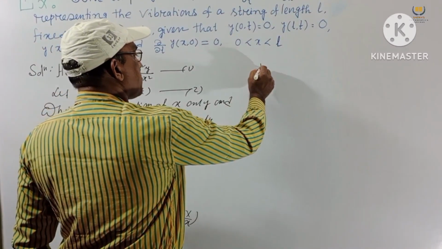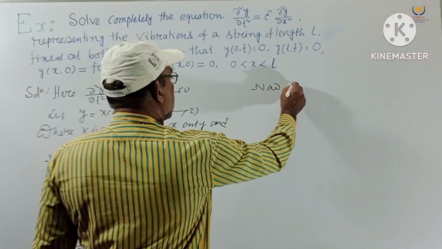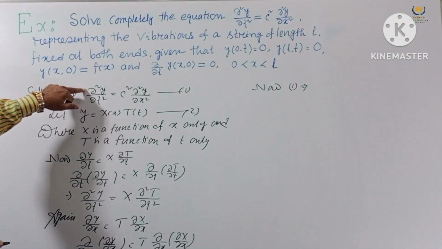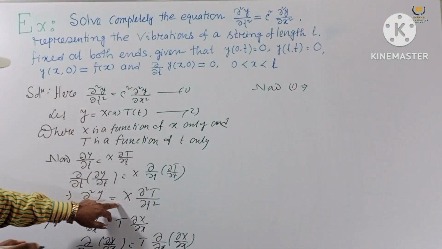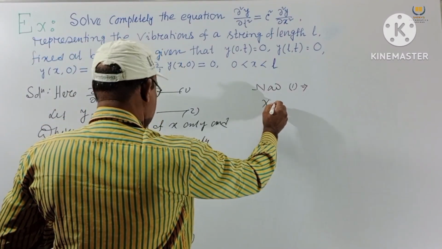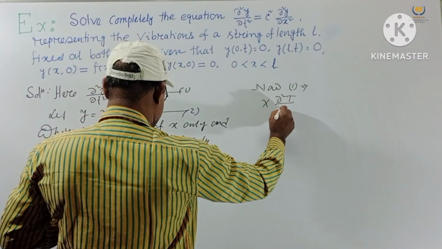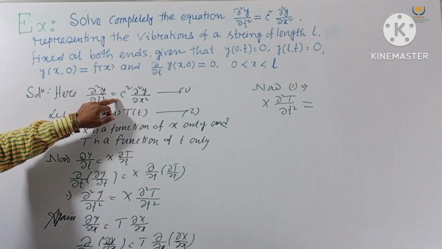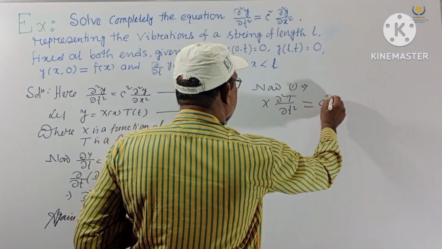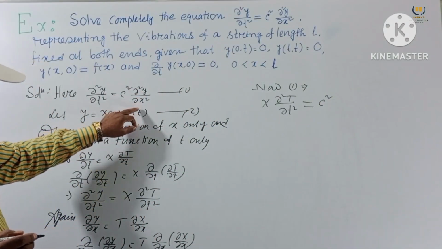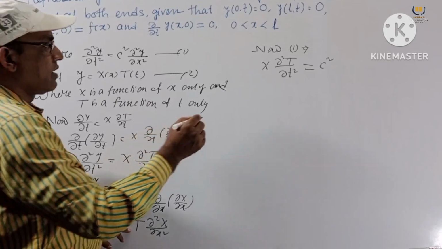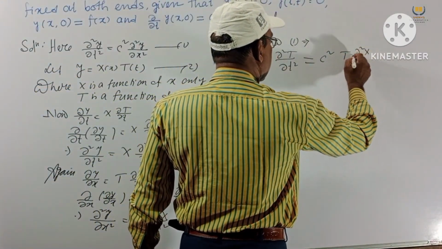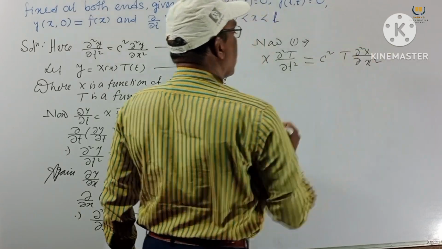Now 1 implies ∂²y/∂t², whose value is X ∂²T/∂t², and c² remains the same, and this is ∂²y/∂x², whose value is T ∂²X/∂x².